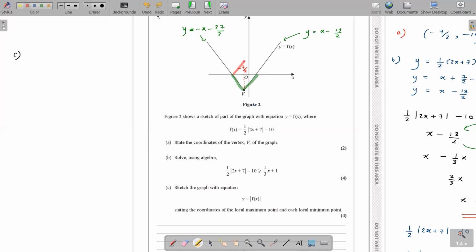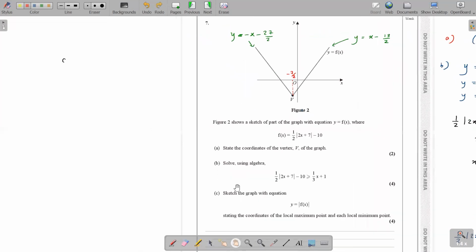Are you with me? So you need to sketch this as part C, and they ask you to find all the local maximum points and these two minimum points. Okay, so shall we get those two minimum and maximum points? First sketch the graph.